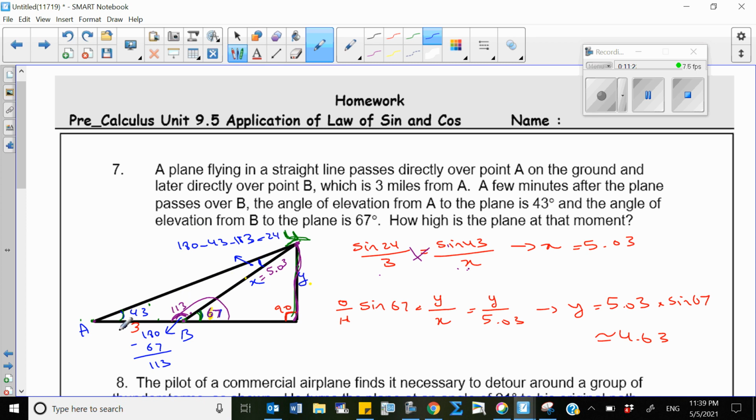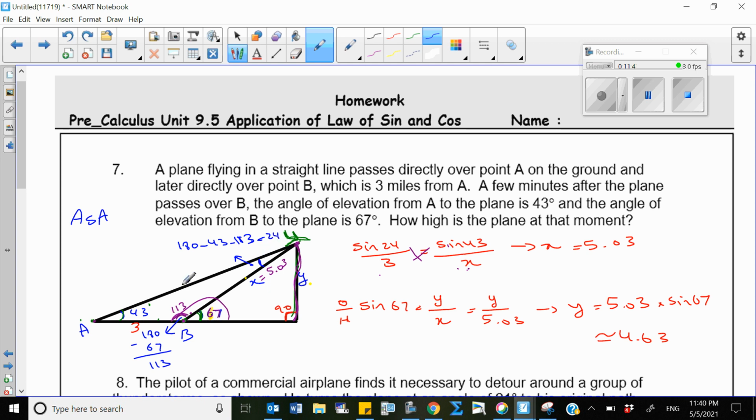So on this triangle, we have this angle, this one, and a side between them, which is angle, side, angle. Now, since we already have the other angle as well, we can use law of sine to find this side. So we are going to use law of sine in this way.